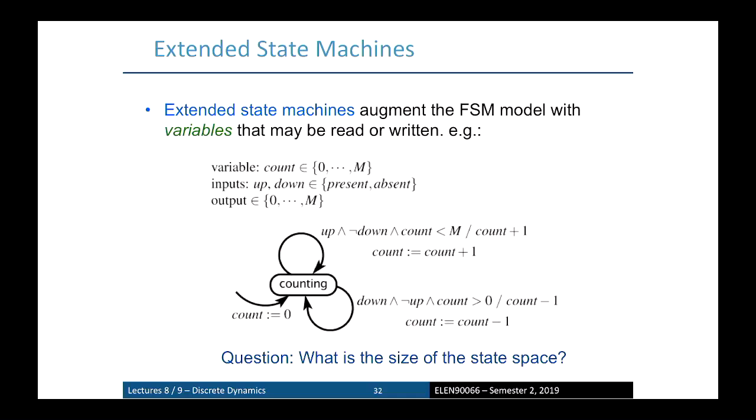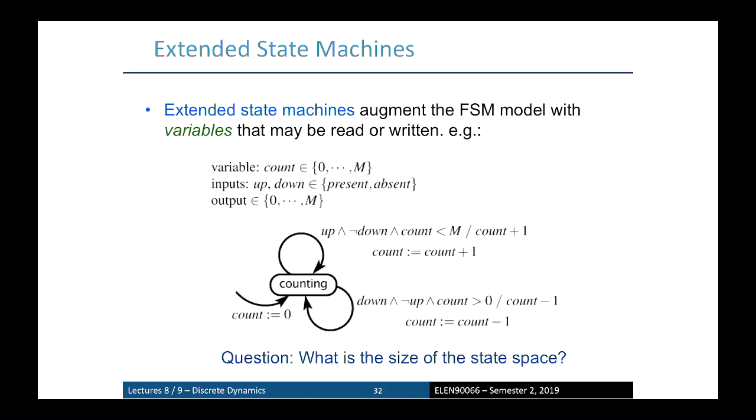So what does it do? There's essentially an internal variable called count, which is going to count the amount of cars that go through. And if a car comes in, we're going to increment the variable, and we are going to set the output to be added to 1 immediately upon that transition.